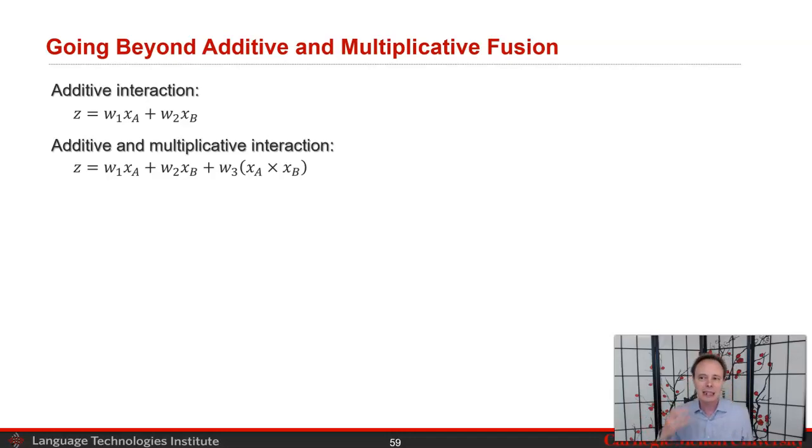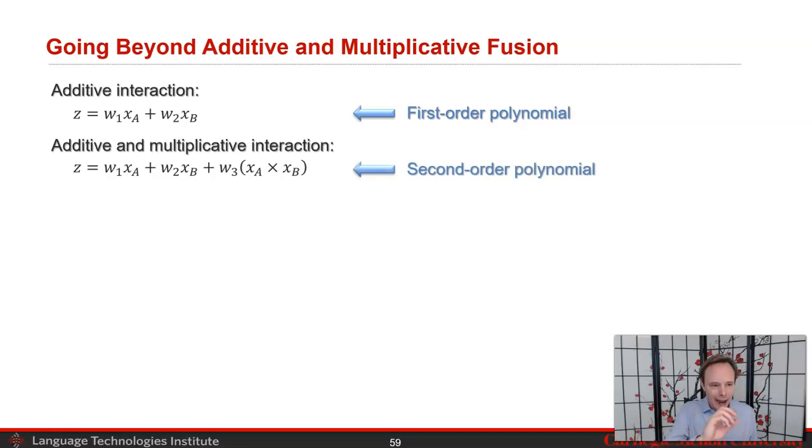Due to this, it's good to remember polynomial representation. In fact, this additive is a first order polynomial, and when you add the multiplicative interaction term, that is in fact a second order polynomial, because now there are second order terms.